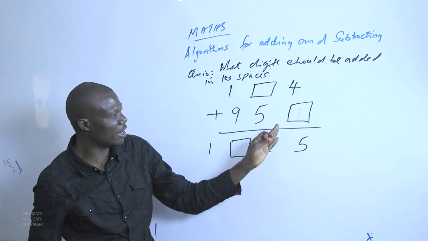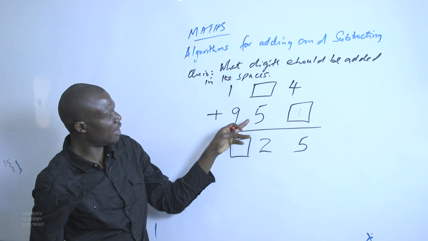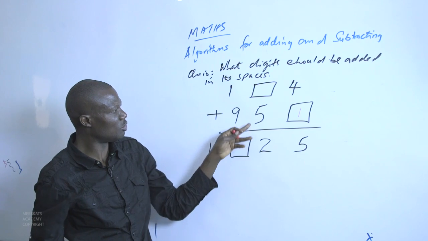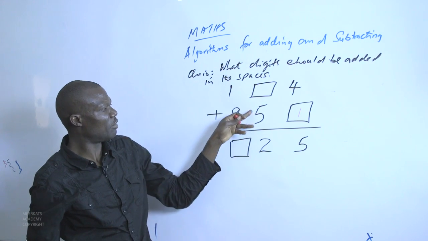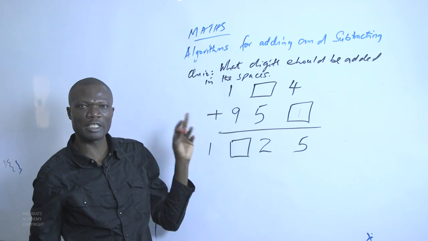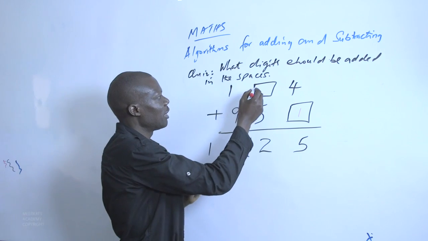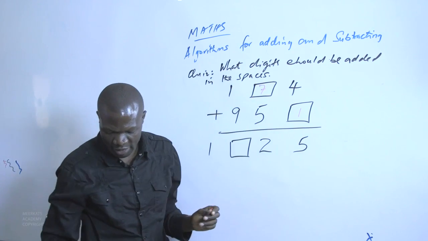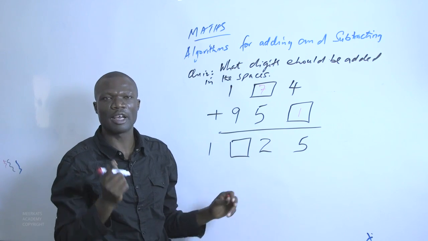Coming here, we didn't carry anything from here. So what should be added to 5 to give us a 2? A number below 5 cannot give us this. So it's a number that should give us a number greater than 9. You'll find that this one is a 7. So 7 plus 5 is 12, carry 1.